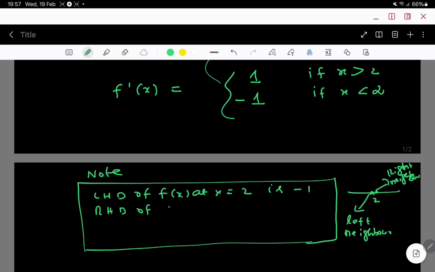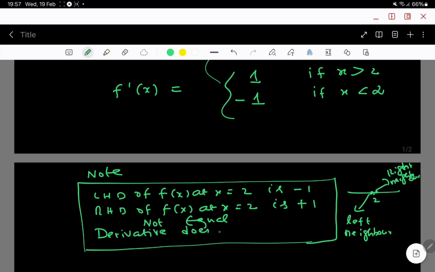Right hand derivative of f of x at x is equal to 2 is plus 1. Okay, so they are not same, not equal. So derivative does not exist at x is equal to 2.